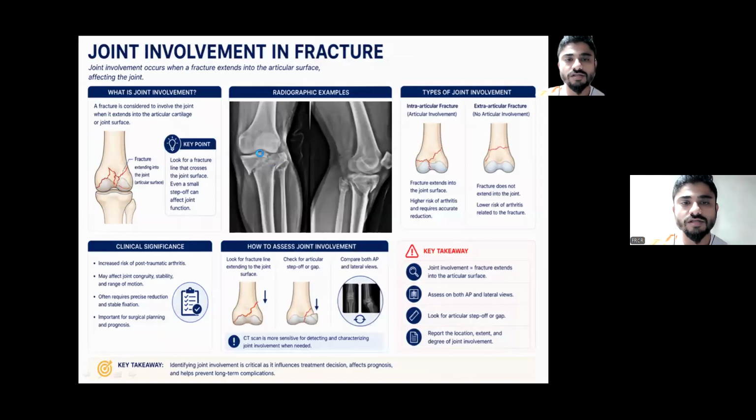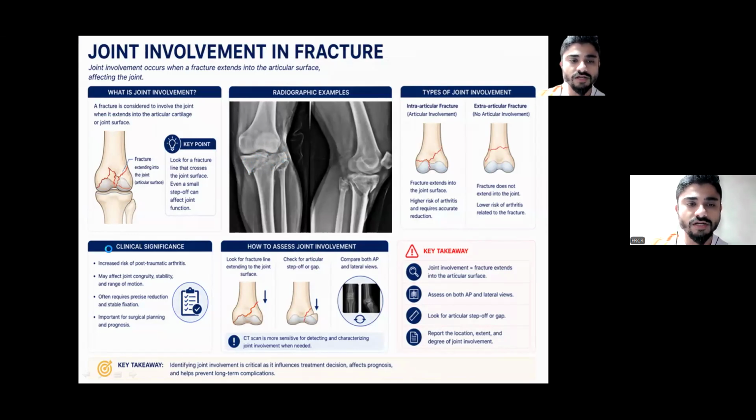Okay, so this is a fracture line extending up to the joint surface, and there is associated flattening, some depression over here, right? So such kinds of fractures are surgical candidates. The orthopedician needs to fix the broken bony fragments with each other in order to prevent arthritis from happening in the future.